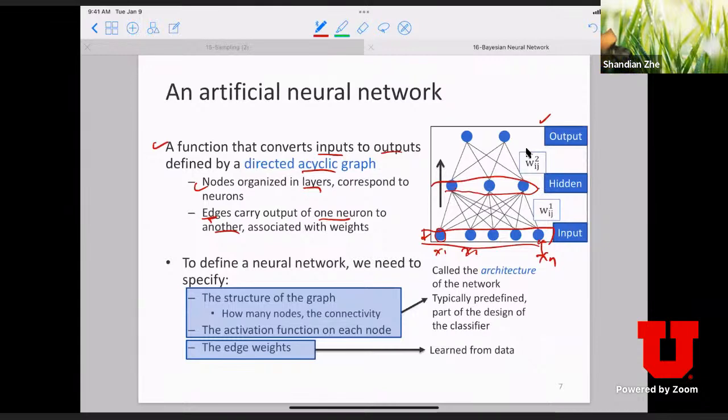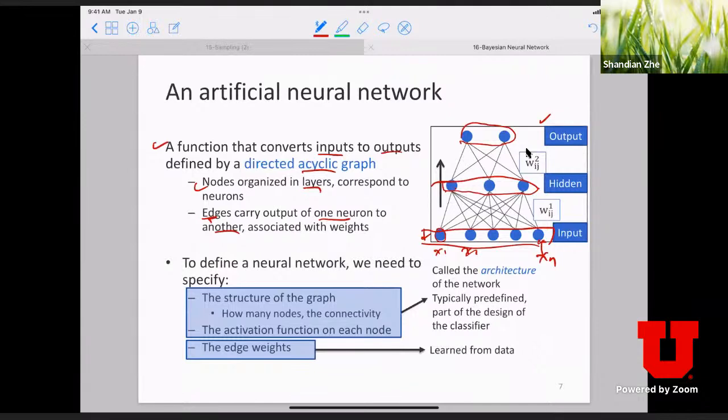Then when you compute the neurons in the hidden layer, you use the edges and weights to compute the neurons in the output layer. So that's the general idea of a neural network.